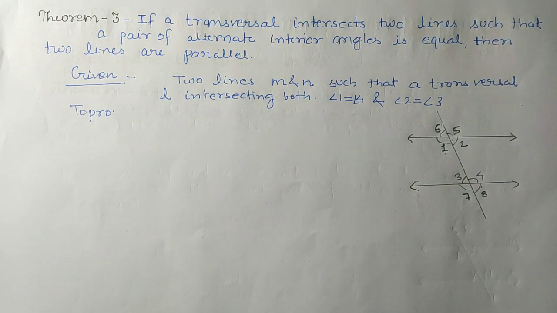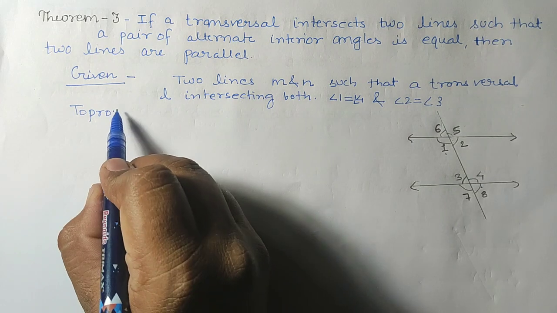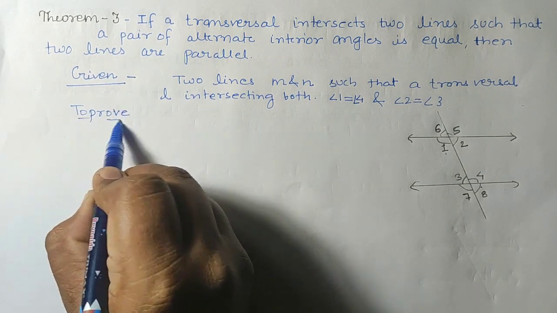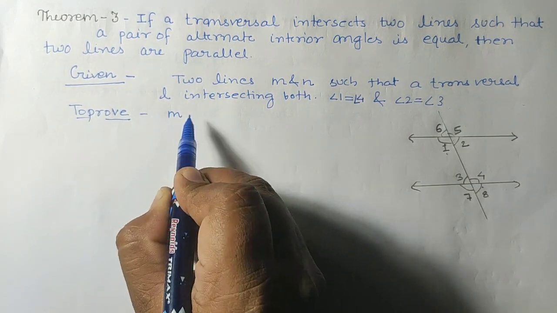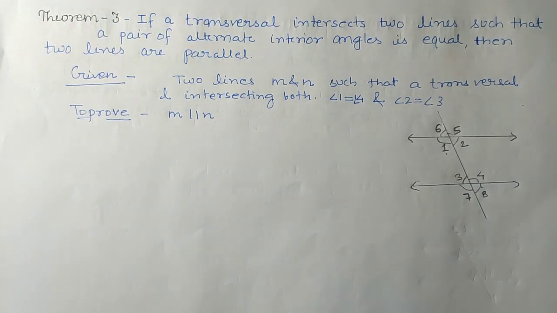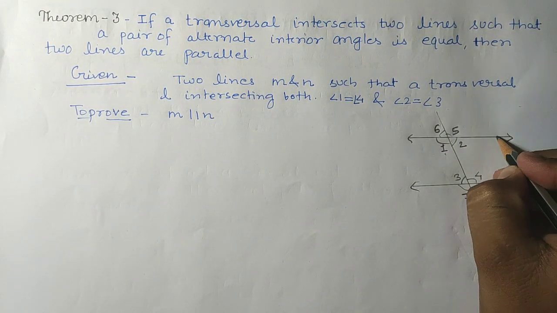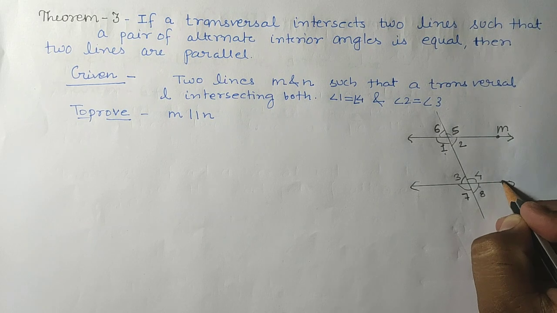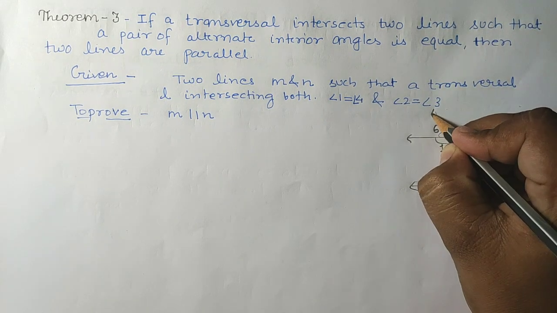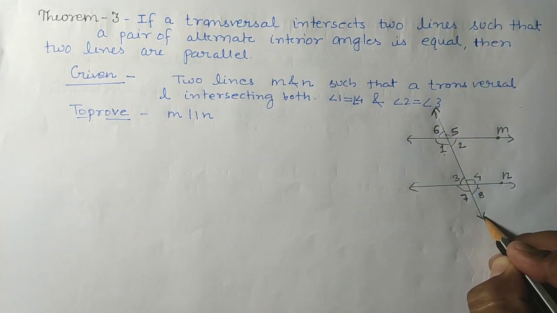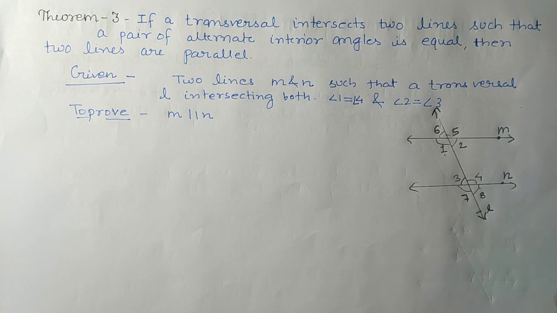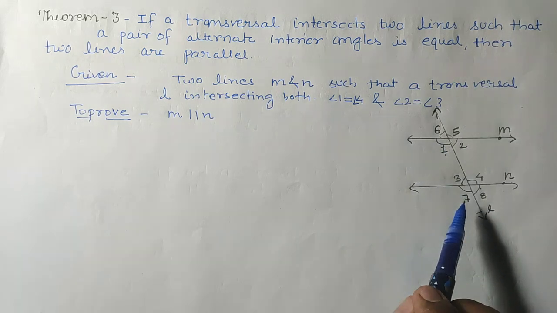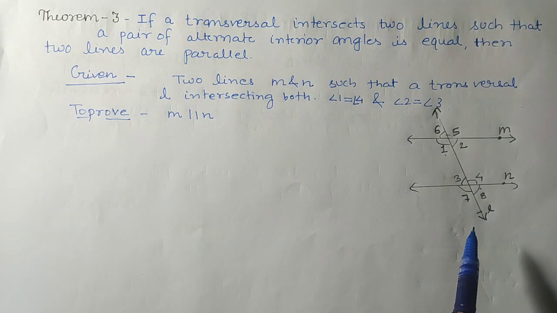What is to prove here? We have to prove that the line M is parallel to N. This line is M, this line is N, and this is the transversal, that is L.